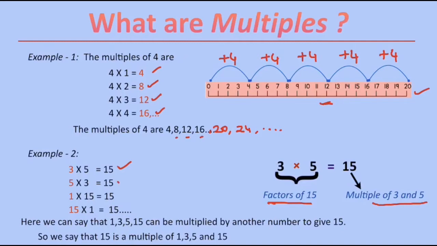So, for getting 15, you can multiply 5 into 3, which gives 15. 1 into 15 gives 15. 15 into 1 gives 15. Here we can say that 1, 3, 5, 15 can be multiplied by another number to give 15. So we say that 15 is a multiple of all these numbers like 1, 3, 5 and 15.